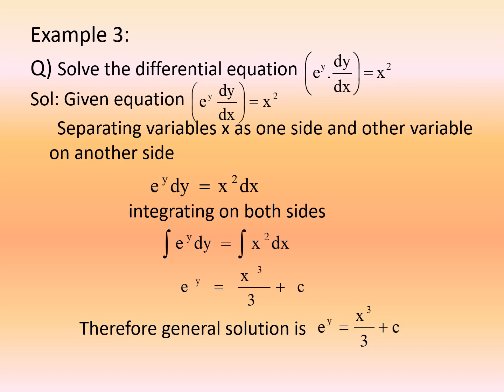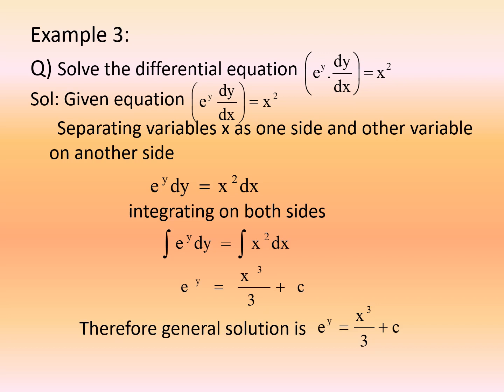Next line, we are going to integrate on both the sides. So applying integral e power y into dy is equals to integral x square into dx. Next step, integral of e power y is e power y, is equals to integral x square dx.